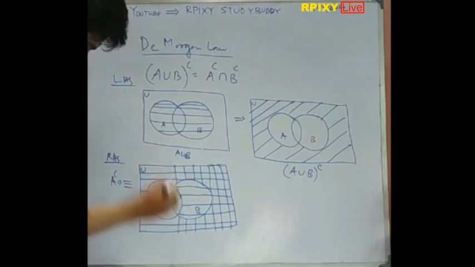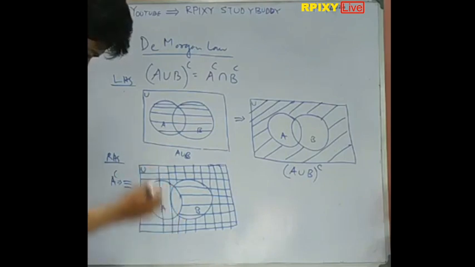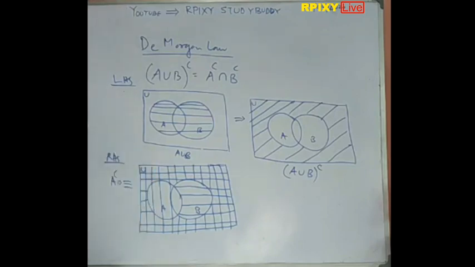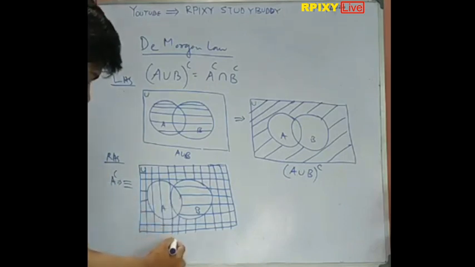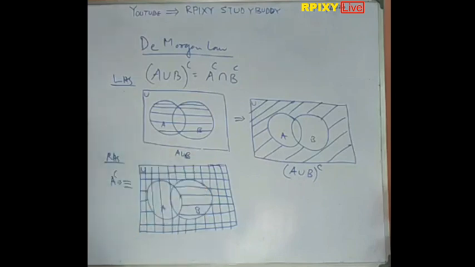So these are the lines which indicate the B complement. So this is A complement and B complement only.